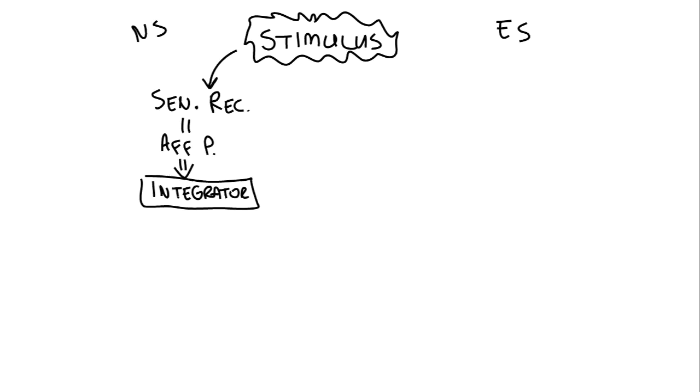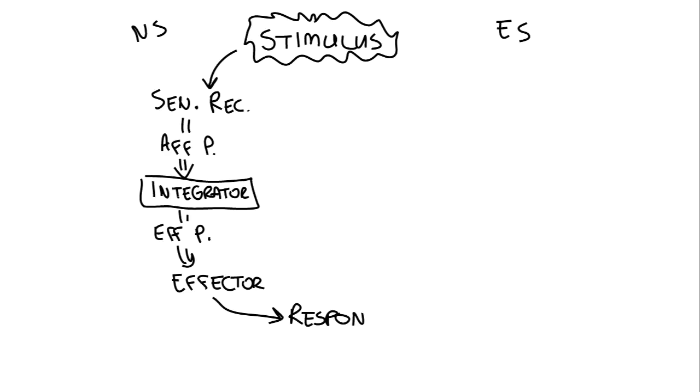That information is processed and sent down the efferent pathway or motor pathway to an effector, which could be another neuron or muscle cell. And that effector causes some sort of response. Okay, we're very comfortable with that.